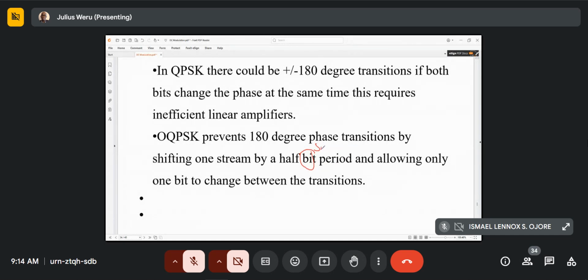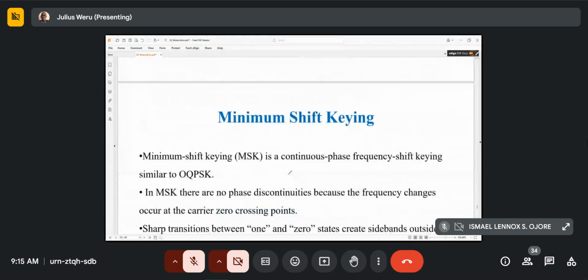Either 1 bit period or half symbol period. I think it's good to put that there. So it's 1 bit or half symbol, 1 bit change between transitions. Minimum shift keying.